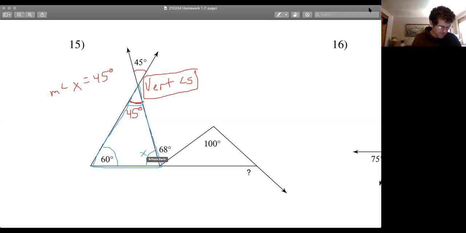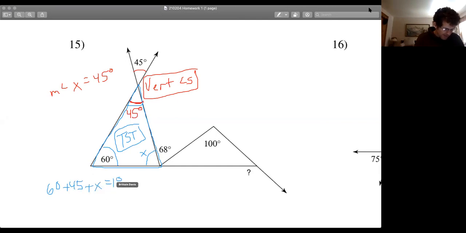So that's now my new X. And this is going to be an example of using the triangle sum theorem. What I mean by that is that these three angles have to add to 180. So it's going to be 60 plus 45 plus X equals 180. If I go through and solve this, that's going to be 105 plus X equals 180. Subtract 105 from each side, X equals 75.